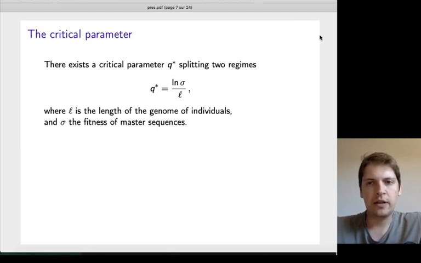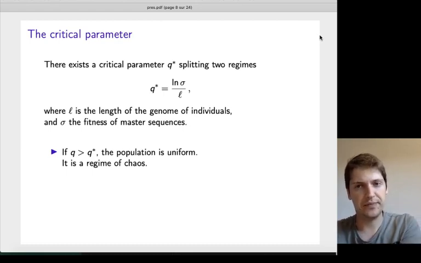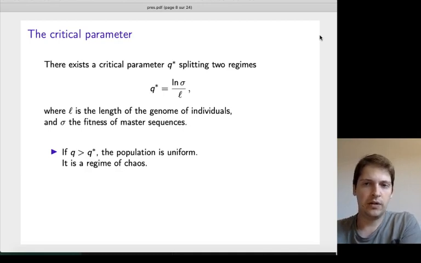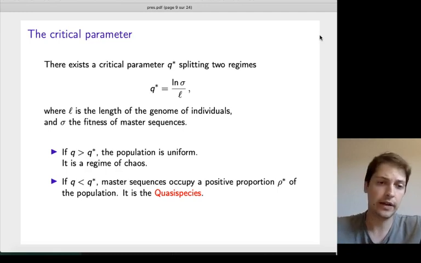If q is greater than q star, then the population is completely random at equilibrium and no master sequences are present. If q is smaller than q star, master sequences occupy a positive proportion of the population along with a cloud of mutants that are genetically close to the master sequence. It's what Eigen called the quasispecies.